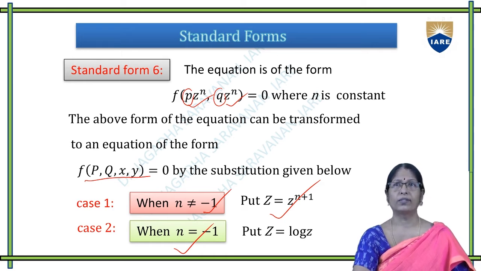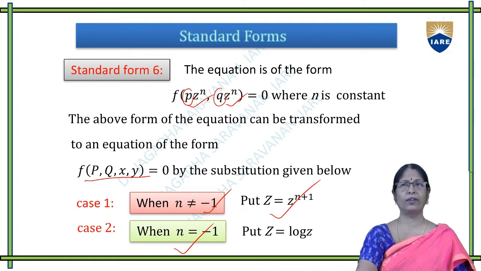So here, in standard form 6, a very, very important point to keep in mind is that z should have a power. If those powers are equal to -1, that is one condition; not equal to -1 is another condition. Standard form 6 is to be reduced to standard form 3. After reducing, strictly we have to follow standard form 3 steps.